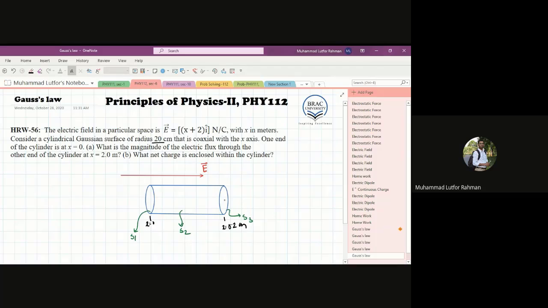For surface 1, this would be your area vector dA1, and for the other end the area vector is perpendicular to that region, so that is dA2. But the electric field is toward that direction, inside that cylinder.